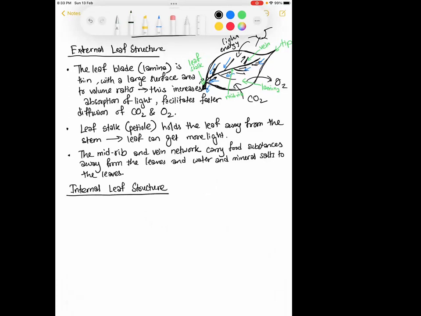So what does the internal leaf structure consist of? It actually has multiple layers.